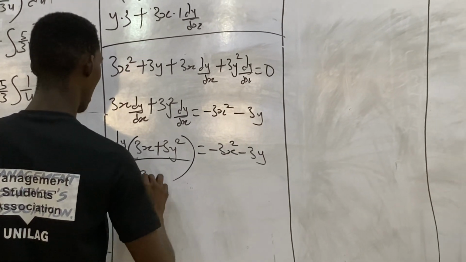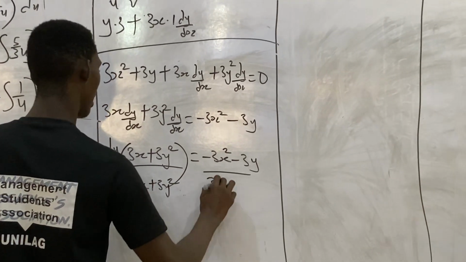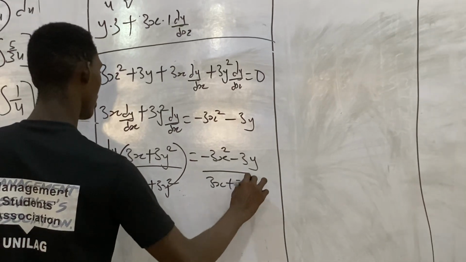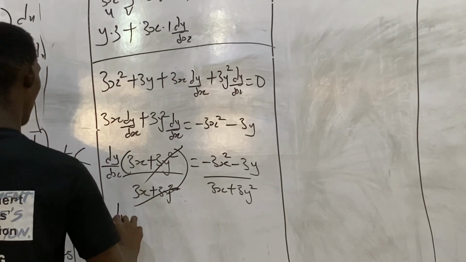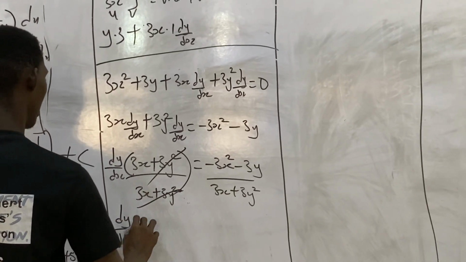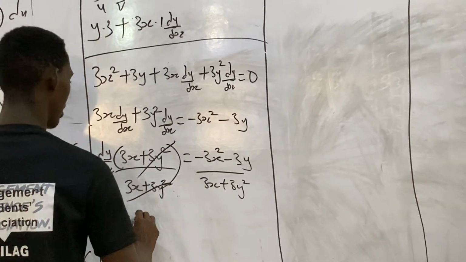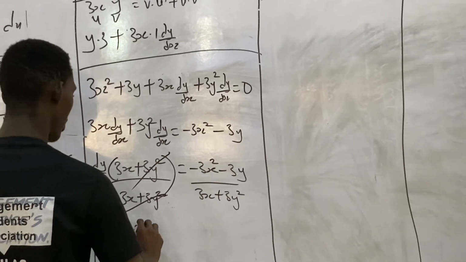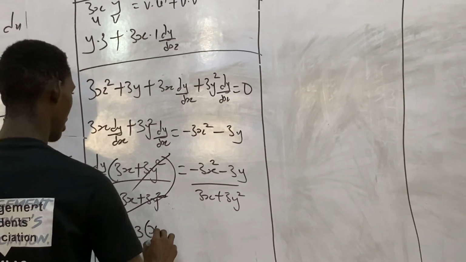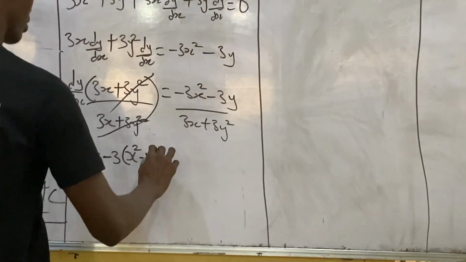So you can now divide both sides by 3x plus 3y squared. This cancels this. Then we can say our dy over dx is equal to, so what's common here? 3. If it is minus, 3 is common, then we'll bring it out, and this will give us just x squared plus what? y.